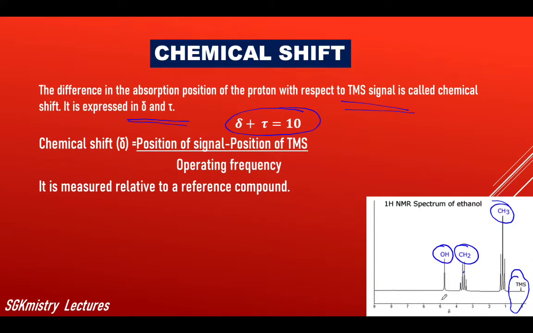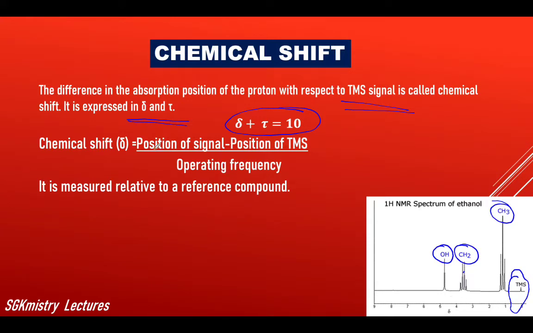So the OH peak you can see at around 5. So we can say that the chemical shift of OH is 5 ppm, that is, the difference between the absorption position of OH and TMS is around 5. It's not exactly 5, maybe 4.8 or 4.9. Now there is a formula to calculate the chemical shift in terms of delta.